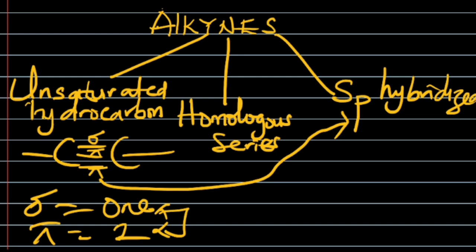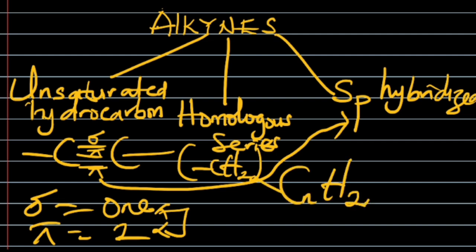The homologous series increases successively by adding CH2. With this, the alkyne general molecular formula is CnH2n-2, where n is a whole number.